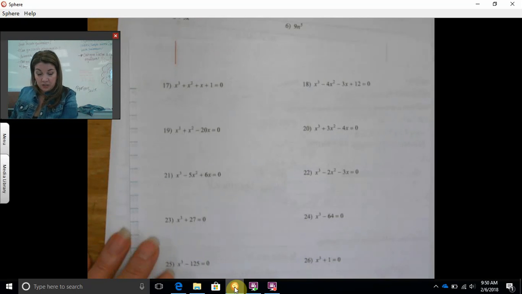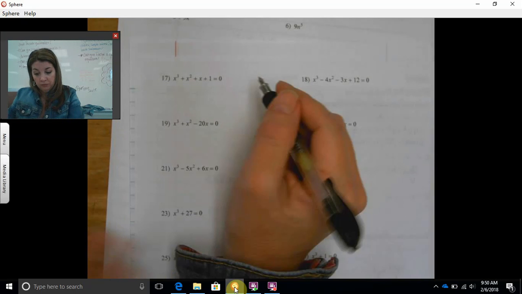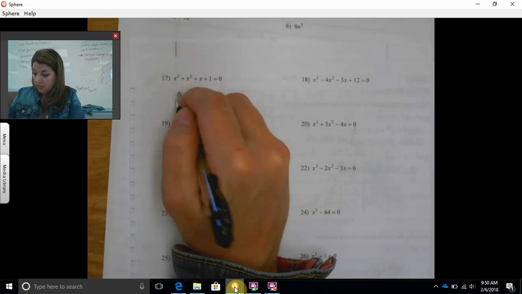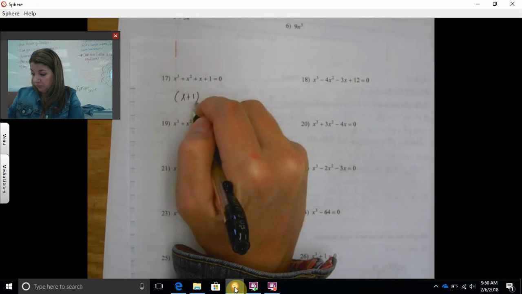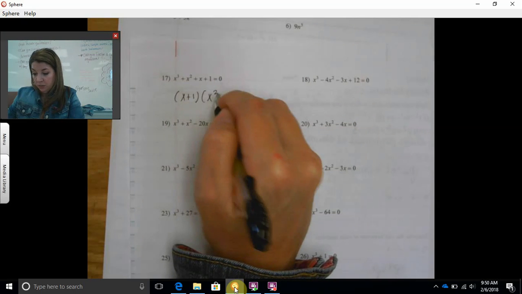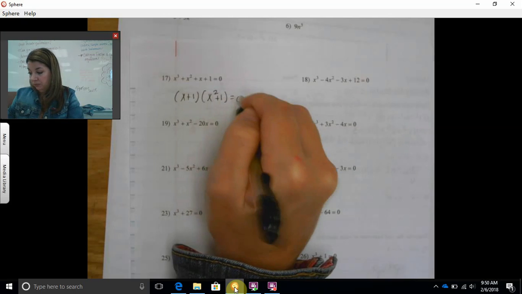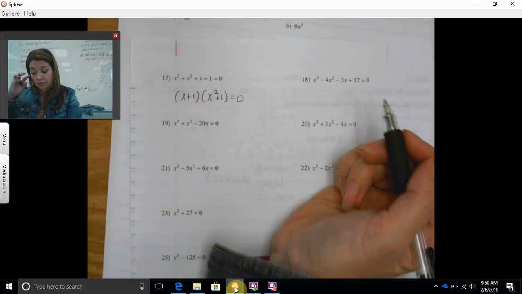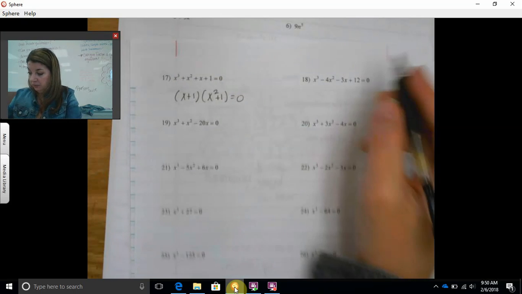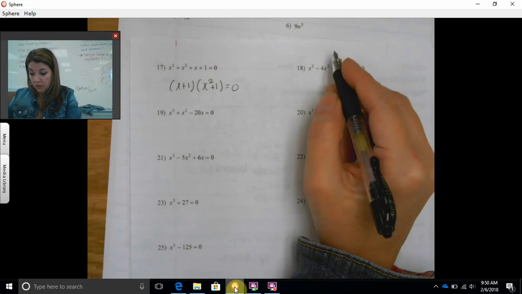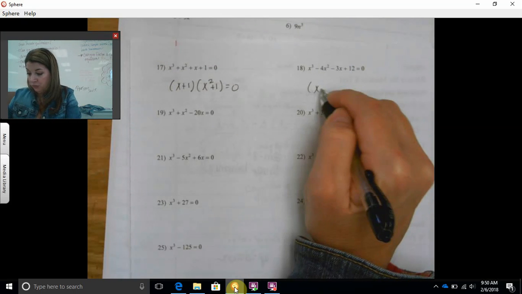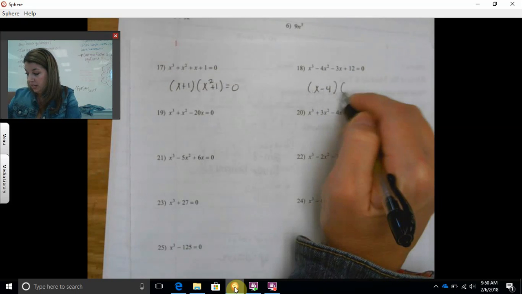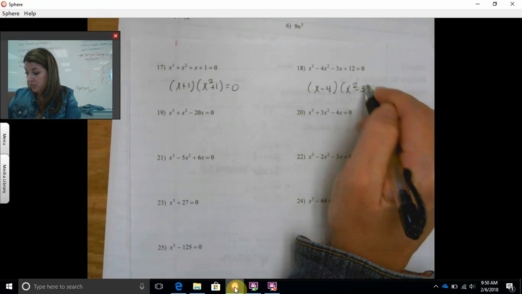The answer to 17 is x plus 1 and x squared plus 1 equals 0. 18 is x minus 4 and x squared minus 3 equals 0.